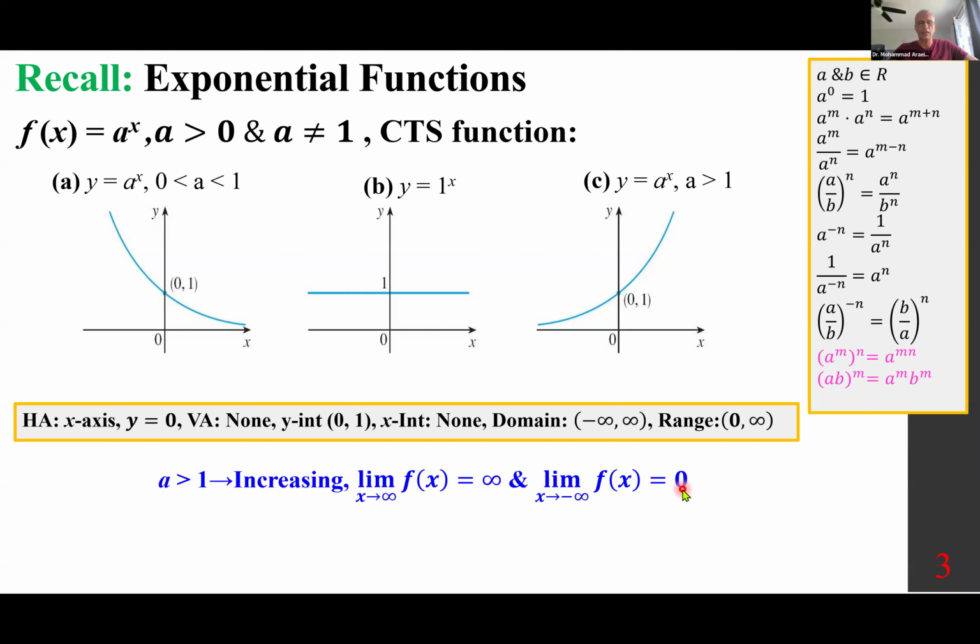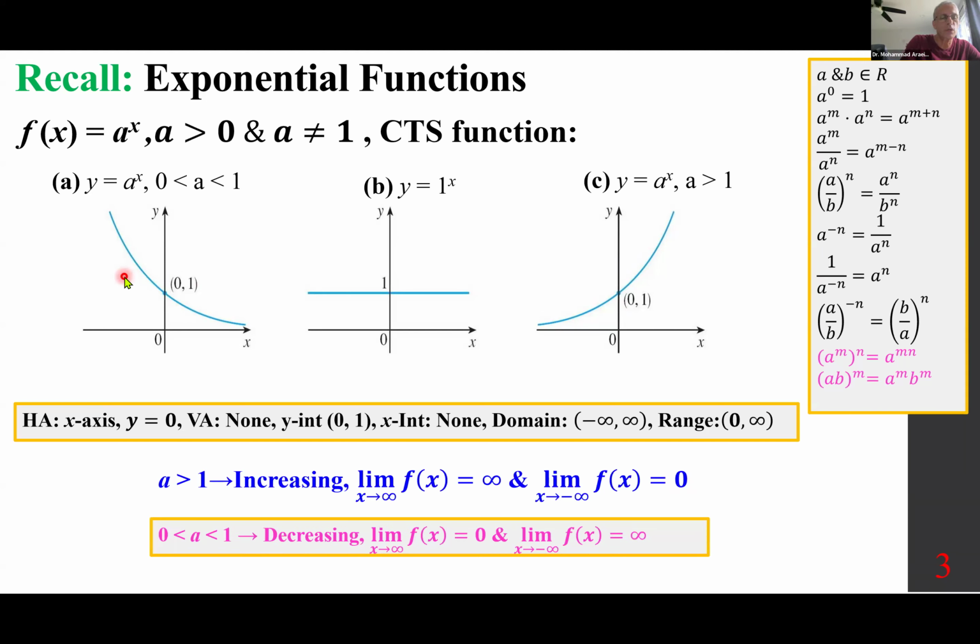On the other hand, if a is between 0 and 1, it's a decreasing function. The limit of f of x as x approaches infinity is 0, and that gives us the horizontal asymptote. However, the limit of f of x as x approaches negative infinity is infinity. This is the second quadrant.